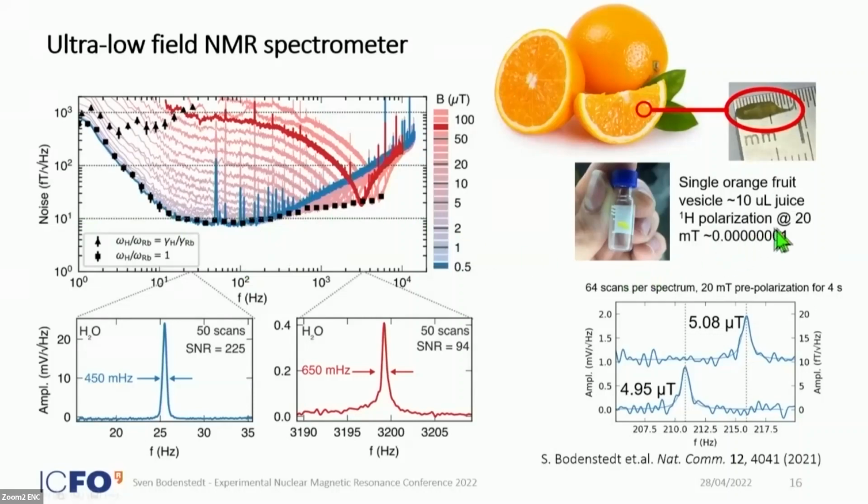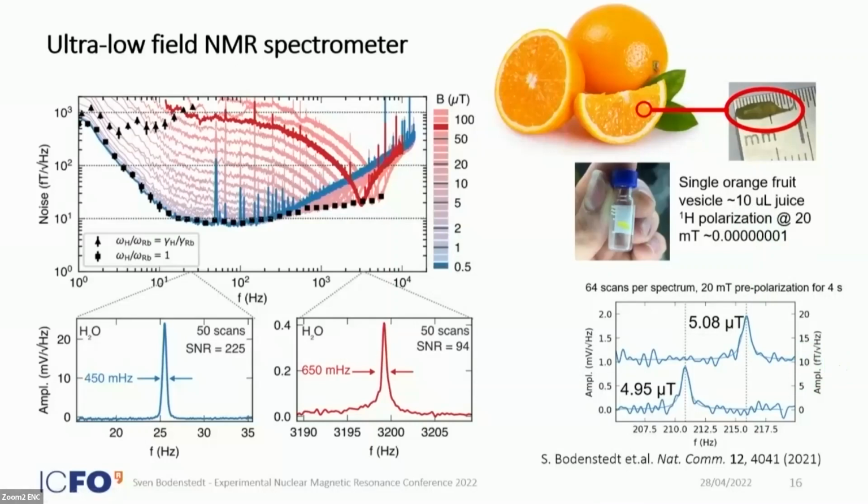But if you polarize a sample the size of a single vesicle of an orange at 20 millitesla, which is a really low thermal polarization, with a sample volume of about 10 microliter, we get a signal which looks about like that. That gives you an idea about how good the sensitivity is. It's not perfect, but for our applications, it is more than good enough.